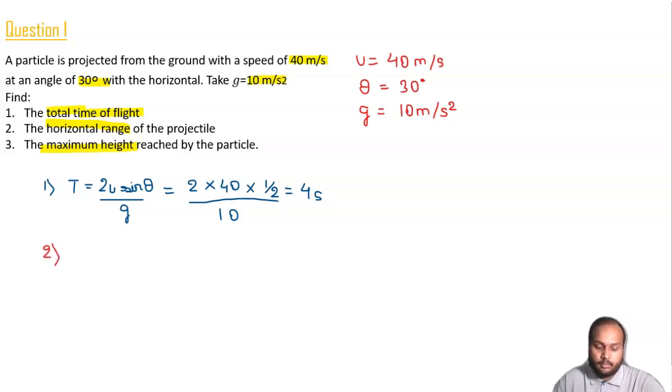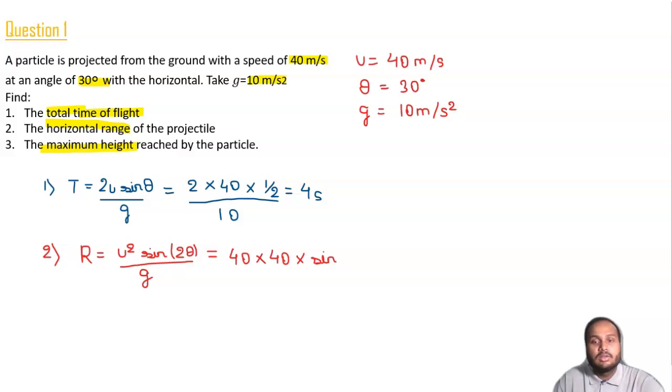Let us solve for the horizontal range. The formula for range R is equal to u square sine 2 theta upon g. So u square is 40 into 40, and sine 2 theta, theta is 30, so 2 theta is 60, so sine 60, upon g, that is 10.